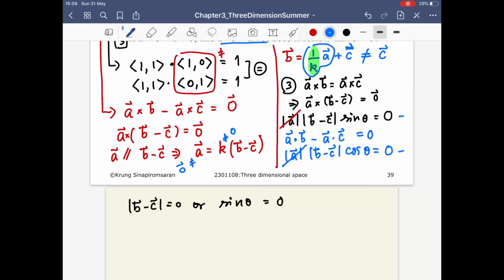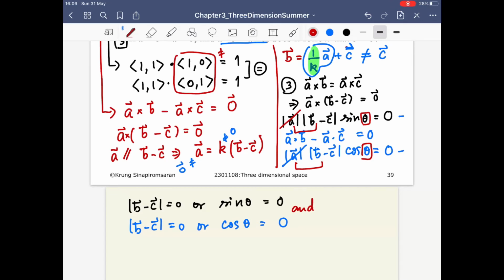The second equation says that your b minus c may be 0, or your cosine theta equals 0. We can use the same angle theta because this is the angle between a and b minus c. They are all the same angle. And these two are connected by "and".